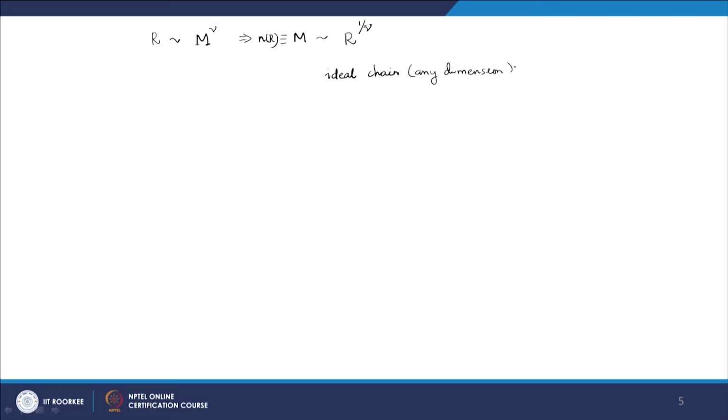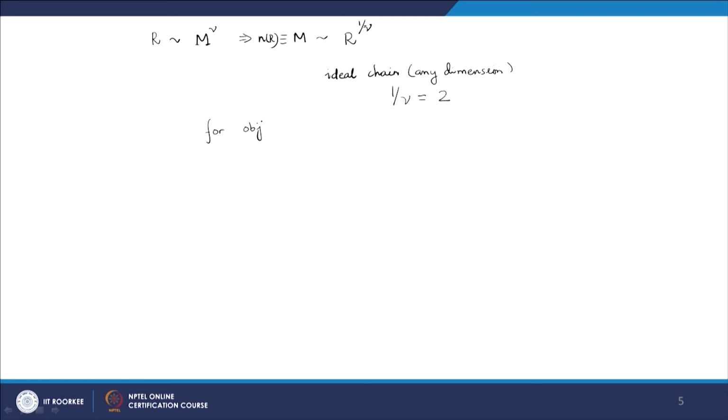Then we did the two-dimensional walk on a lattice, and we still got the same scaling law. We can do it for any z-dimensional lattice and still get the same scaling law. So for an ideal chain of any dimension, 1 by nu is simply equal to 2, because nu is equal to 1 by 2.